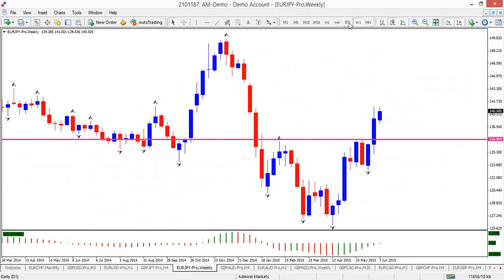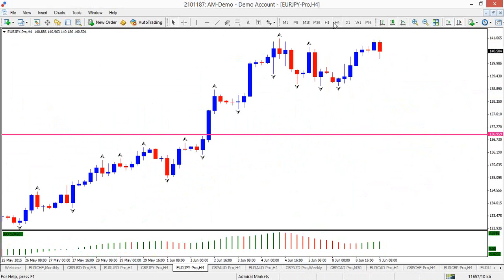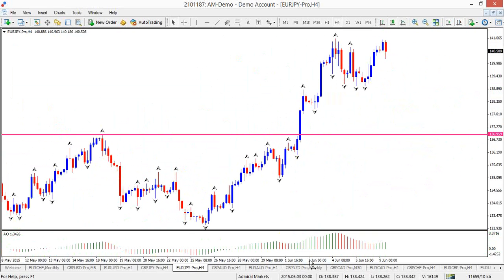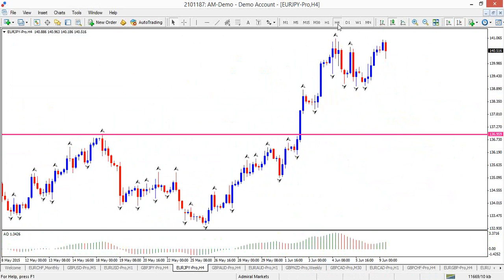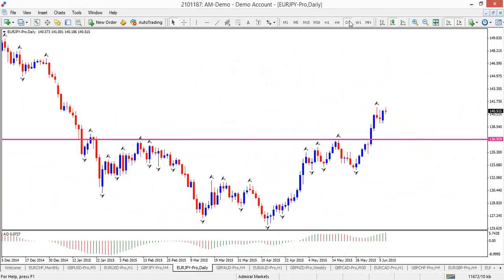Euro yen. Looks a lot different. Didn't break any support. It's testing the top, if anything.